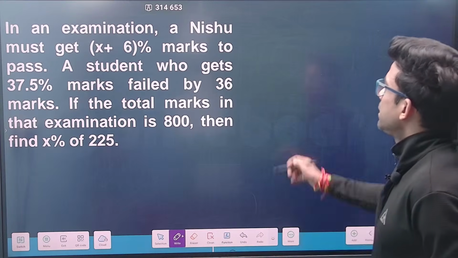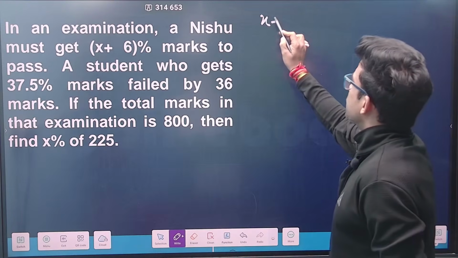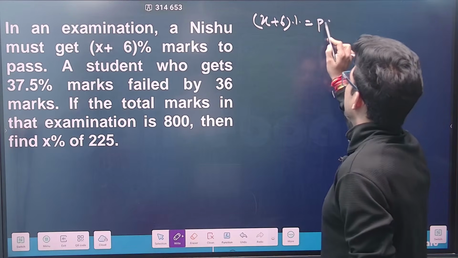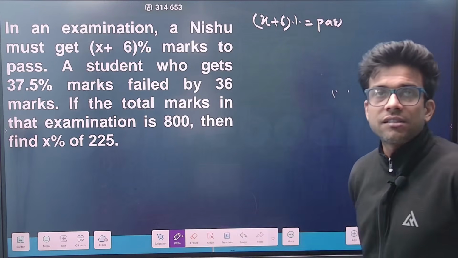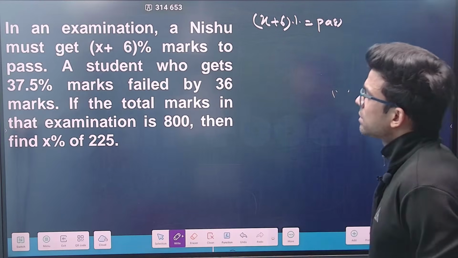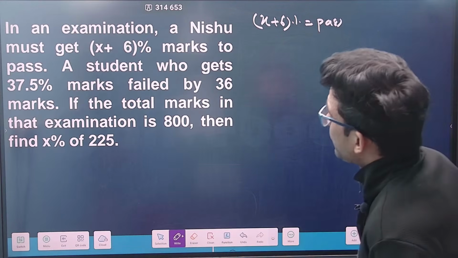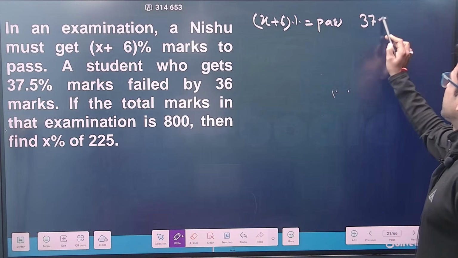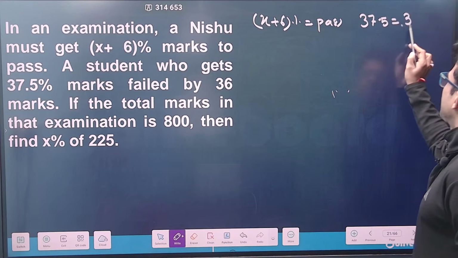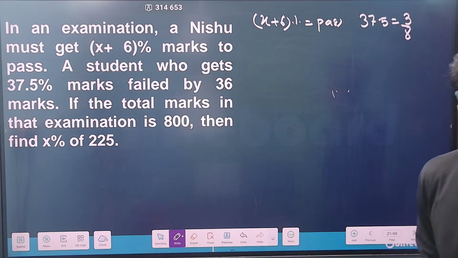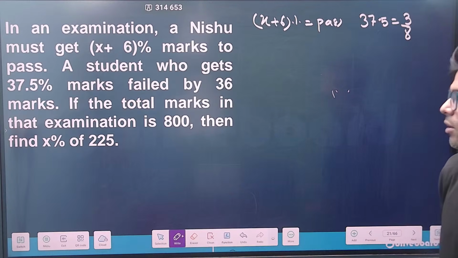But a student who gets 37.5% fails by 36. Now the point comes, what is 37.5%? 37.5% is 3 by 8, and the student failed by 36 marks. So 36 of what? Of the total marks, isn't it?